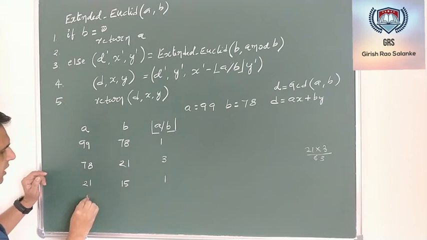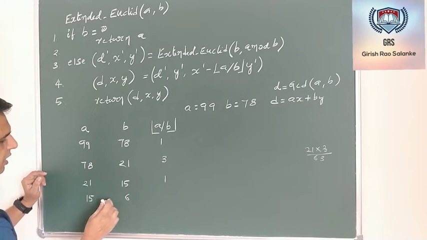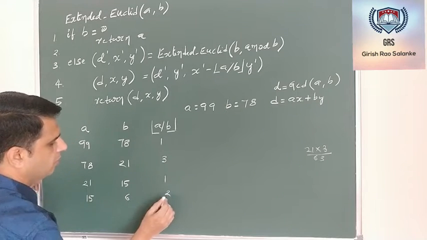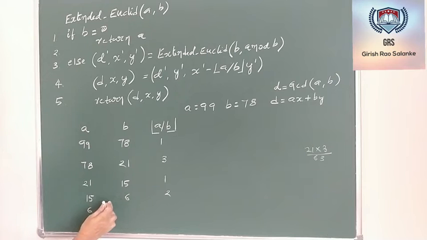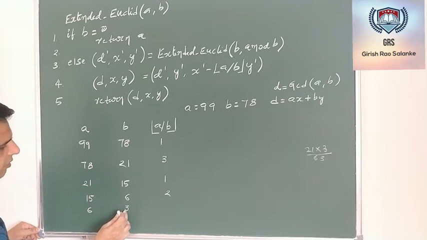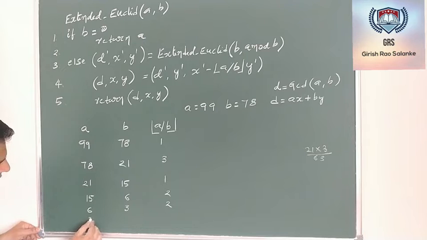In the next iteration it is 15, and this is 21 mod 15, which will be 6. So 15 divided by 6 is 2 point something, so this will be 2. Now 6 will come here, and the next value is 15 mod 6, which will be 3. 6 divided by 3 is 2. Now 6 mod 3 is 0.